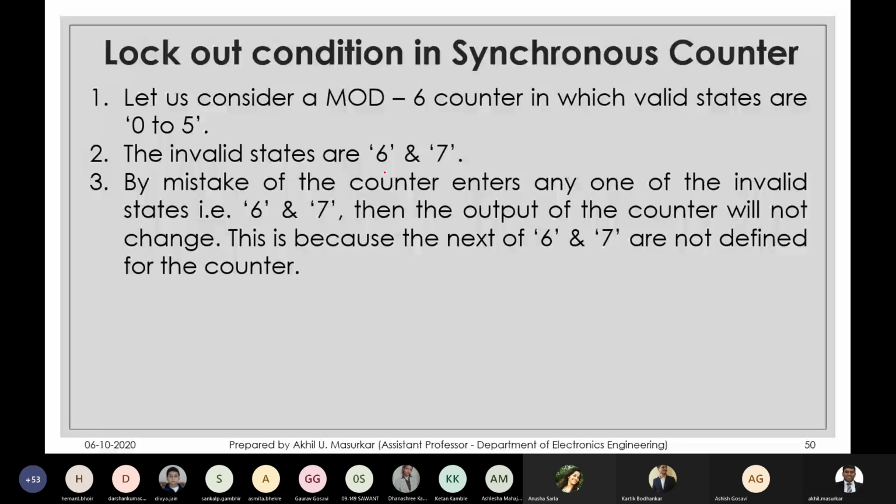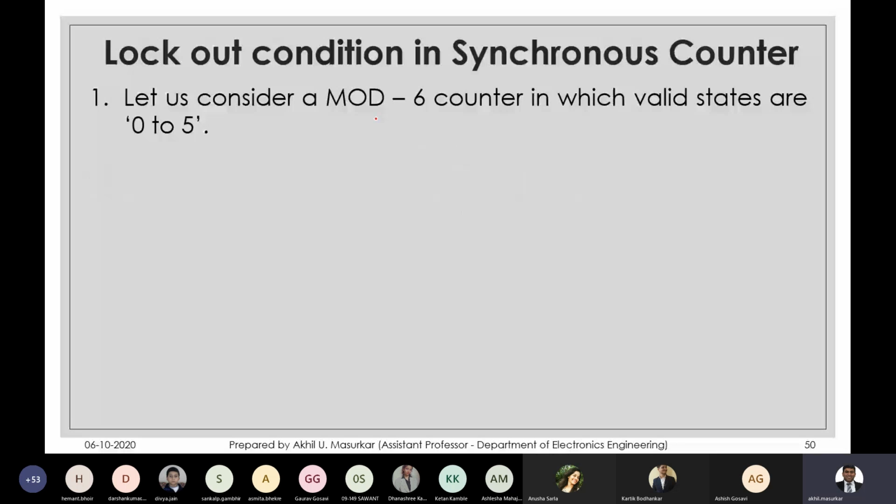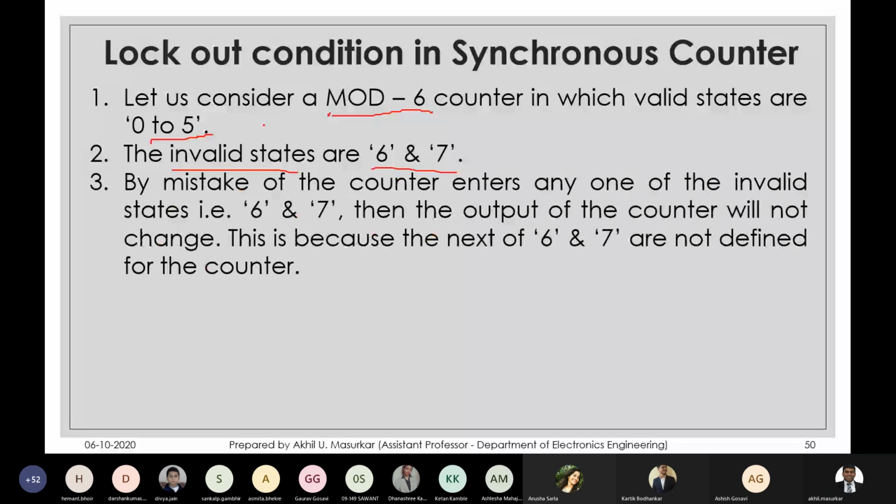So let us discuss more on the lockout condition. For a mod 6 counter, the valid states are 0 to 5 and the invalid states are 6 and 7, as we just saw. By mistake, anything can cause this mistake. For example, if there is an overcurrent or some timing issue, then we can go into states 6 and 7.